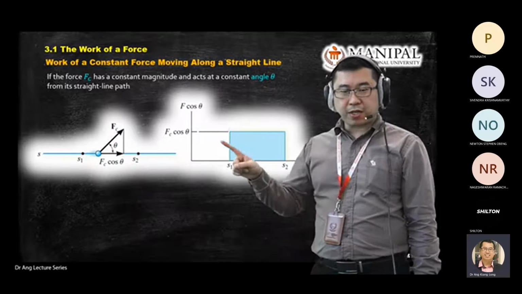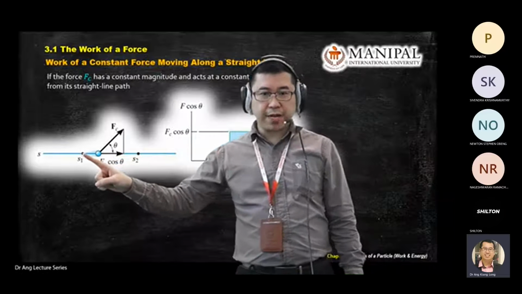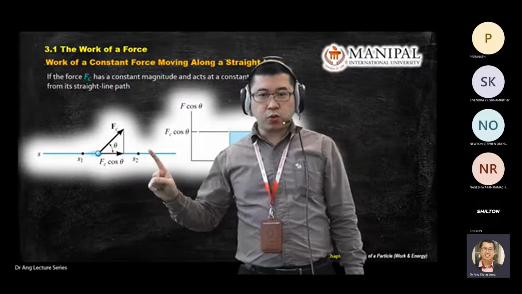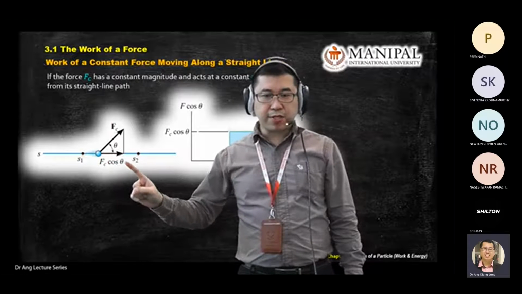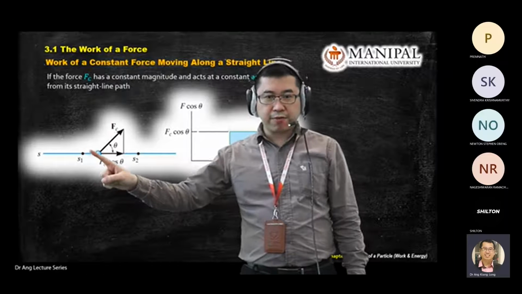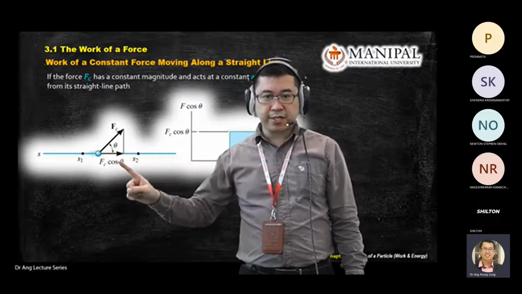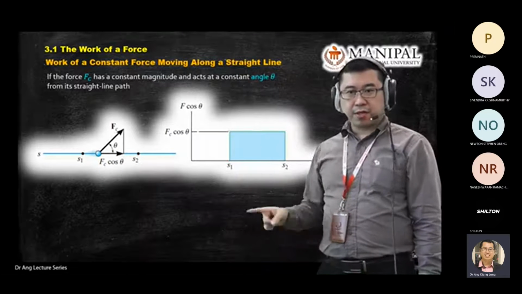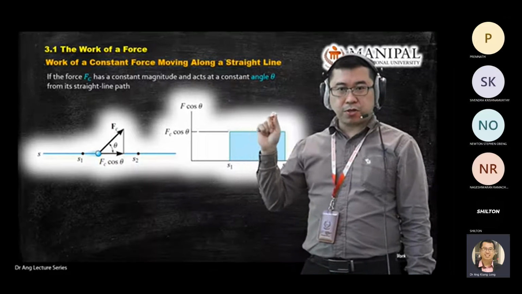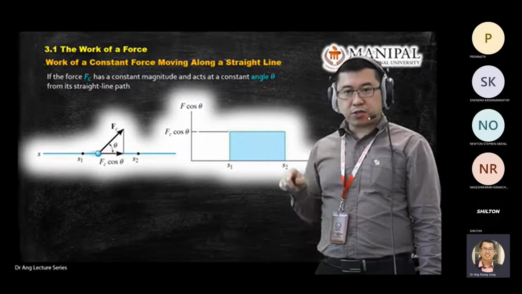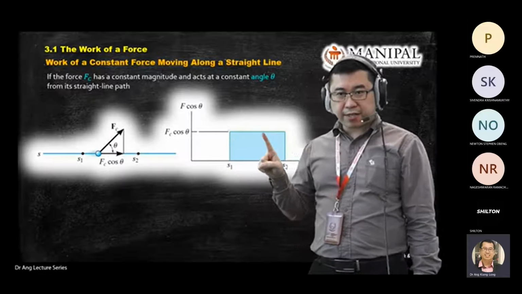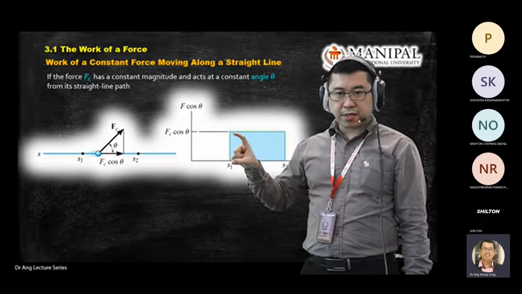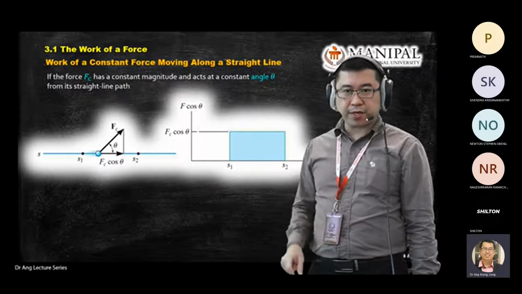So basically, the total work done by the particle from S1 to S2, U1 to 2, equals F cos theta multiplied by the change of distance, S2 minus S1. If you plot it in the graph, if the object moves in a straight line, you will have a flat line over here. This is the fixed force component.